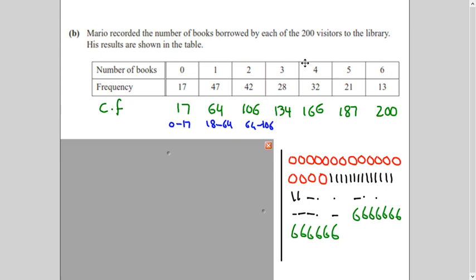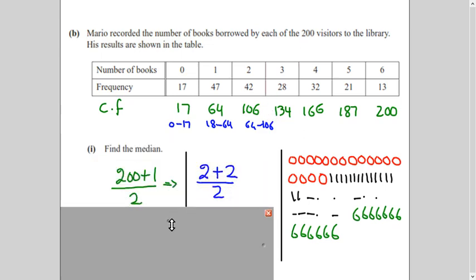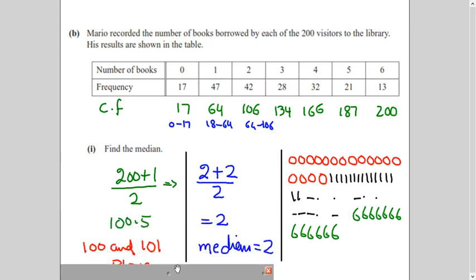Now I know the center value of 200 is basically the 100 place and 101 place, right? Now what I have done here is formula. You don't need it, because usually people remember it like n plus 1 divided by 2. You can do it mentally. If there are 200 books standing in a place, the central position will be the 100 place and 101 place.